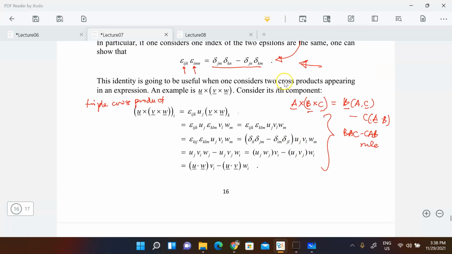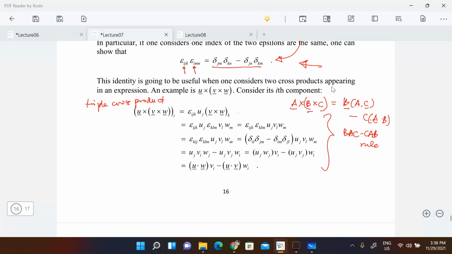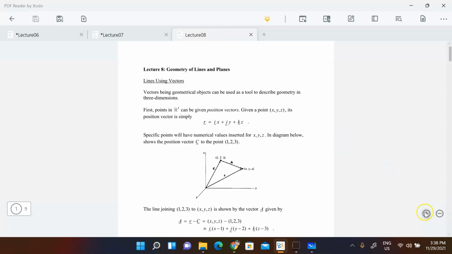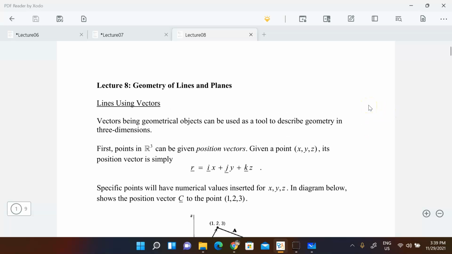Otherwise we go to the next lecture. Should we go to the next lecture or should we stop? I'll let you have a say because we have missed one 2-hour lecture on the previous Monday. Should we continue?